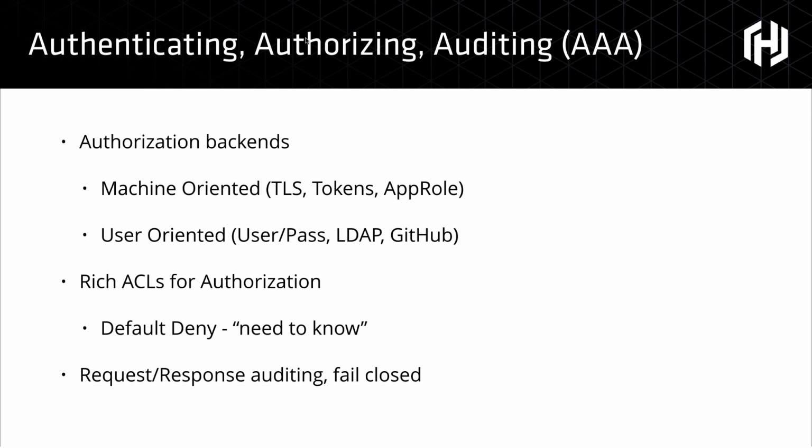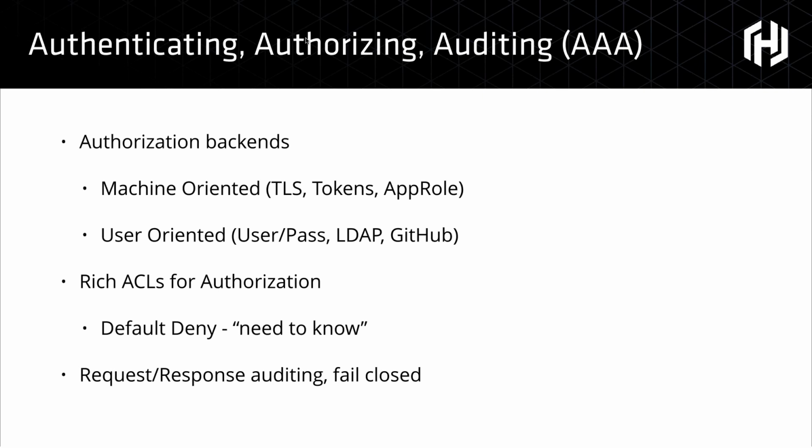We have a mechanism called AppRole, which integrates with configuration management. And so these are automated workflows for authenticating machines and applications. And there's user-oriented methods, username and password, LDAP, GitHub, which are more username, password, MFA, traditional authentication methods. Then the system exposes a single rich ACL system for doing authorization.